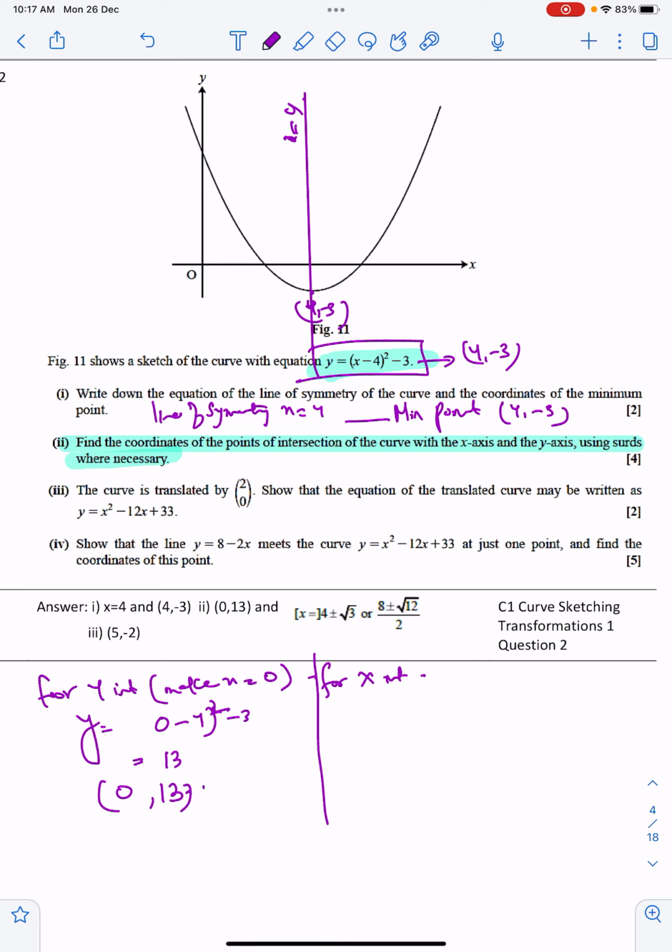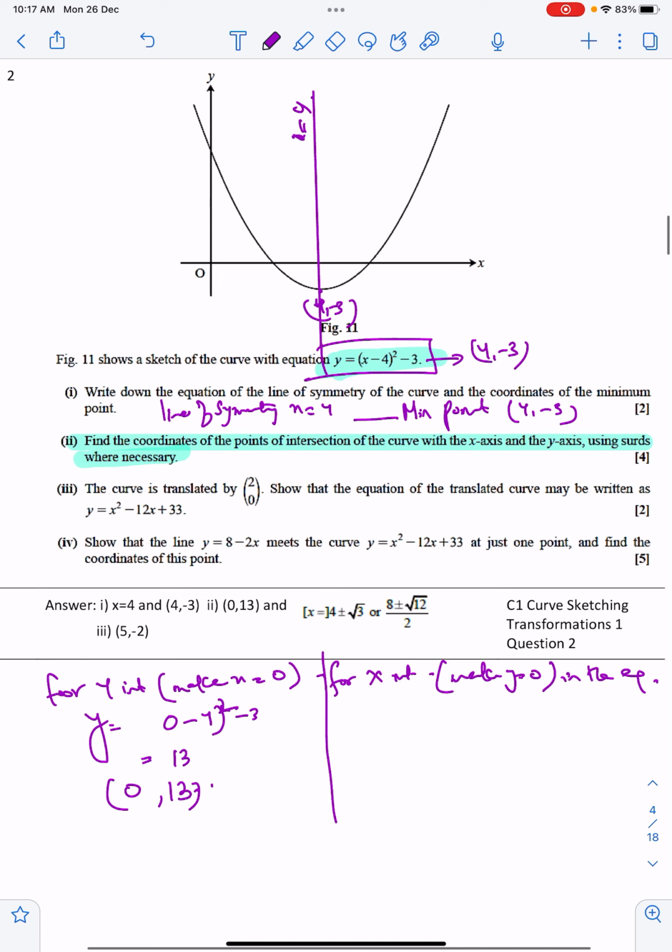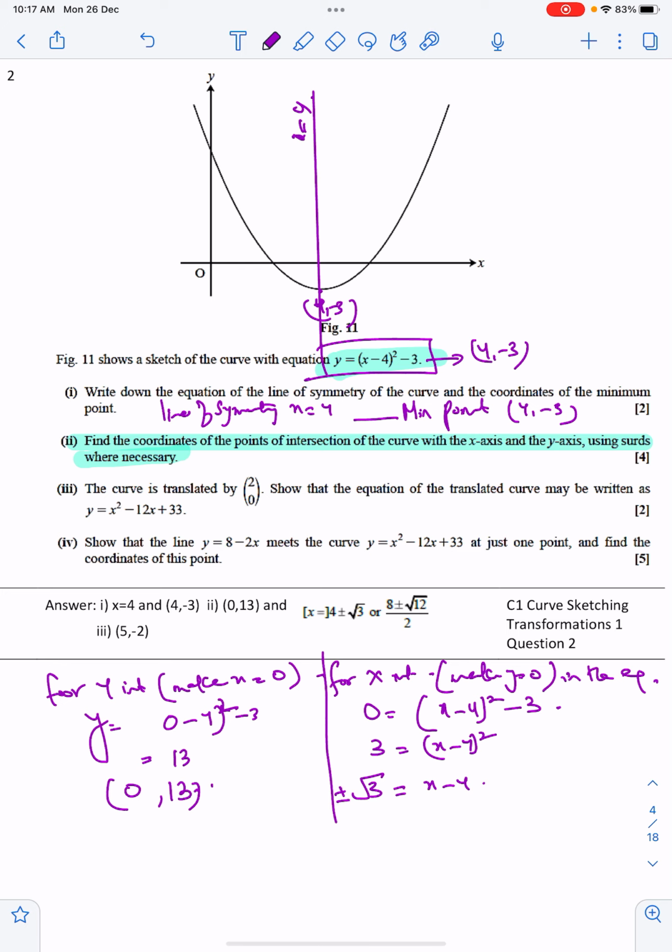For the x-intercept, you have to make y equals 0 in the equation. So if I make y equals 0, it will be 0 equals (x minus 4) the whole squared minus 3. 3 goes here. Square root of both sides, square root of 3 equals x minus 4 with a plus minus here.